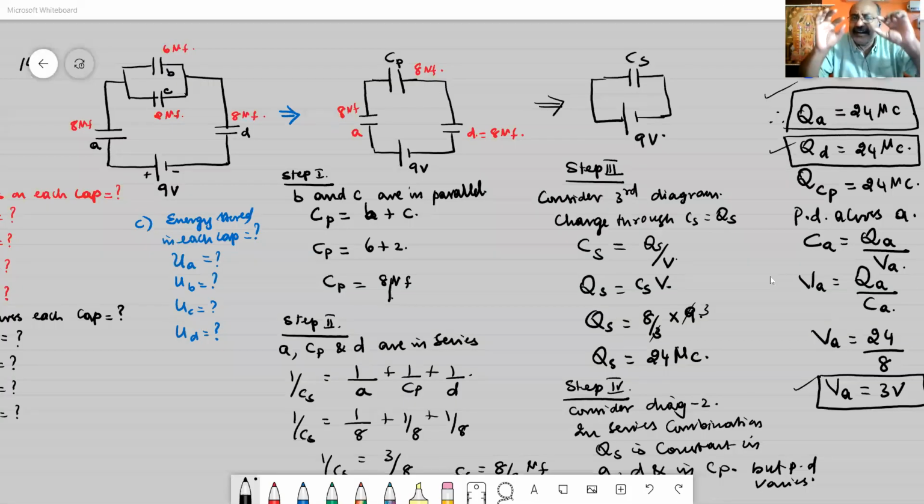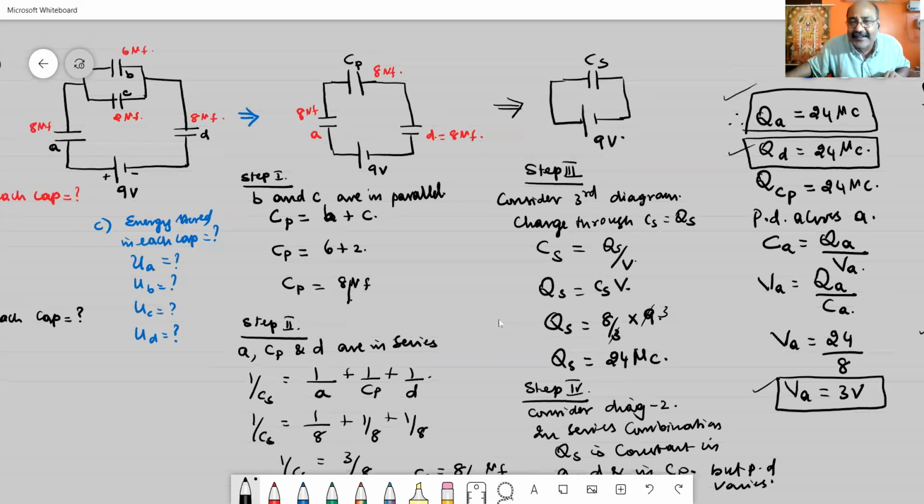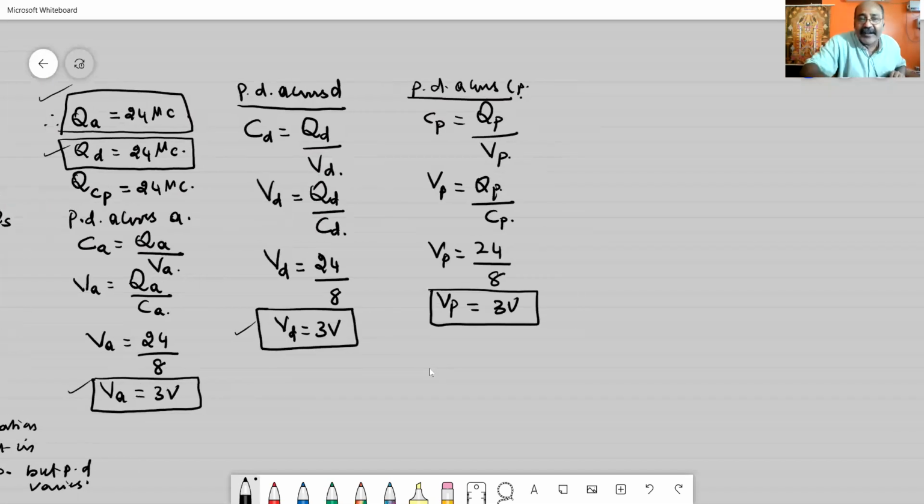See, already we have calculated the potential difference across CP. Now you go for the first figure. CP is the combination of two capacitors B and C. In parallel combination, potential is same. Across the capacitor B and across the capacitor C, we are having a potential of 3 volt. So let us consider diagram 1.